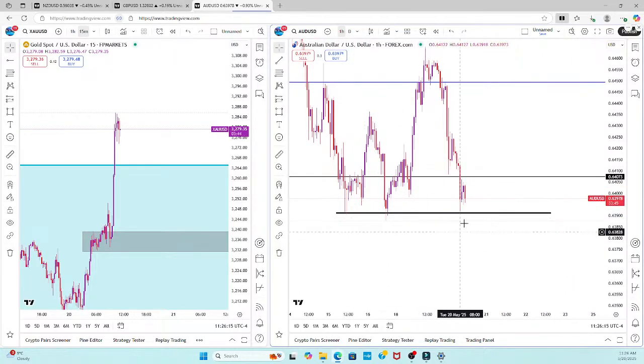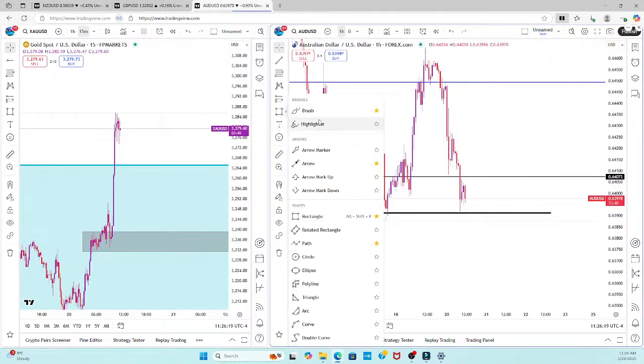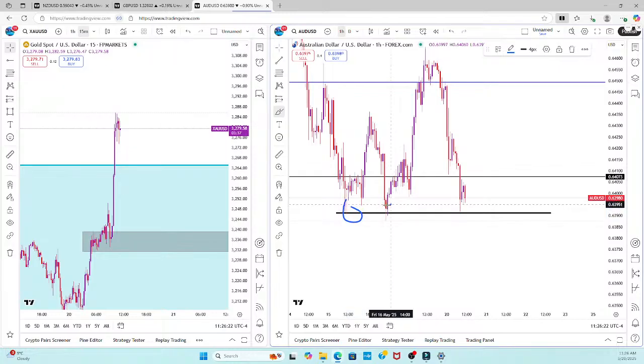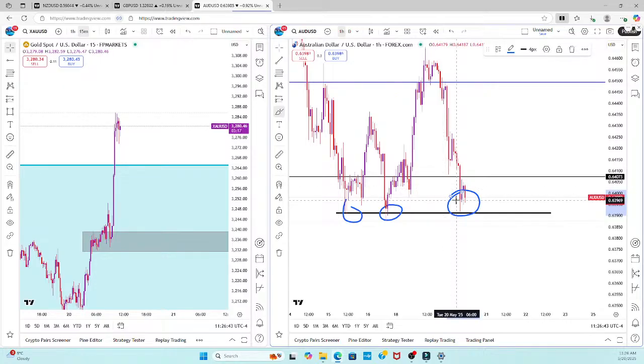We can see the price hasn't broken that low. It's coming back here the third time. The first time around, it came to this low and held it to go up. Now this is the third time the price is revisiting this low. Usually when the price is coming back to a support, and this low here is an area of support, the third time there's a high chance it's going to break below it.